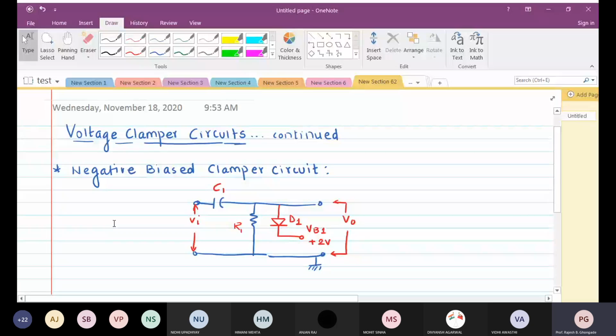All right, let us have a look at the signal. Your input signal is, we'll again use a sine wave.